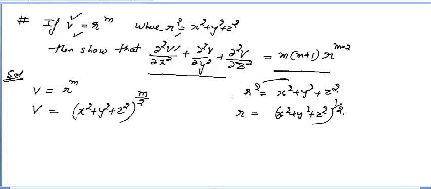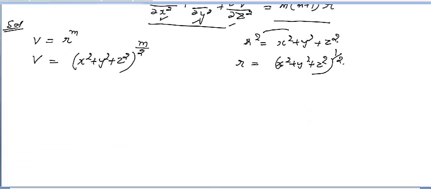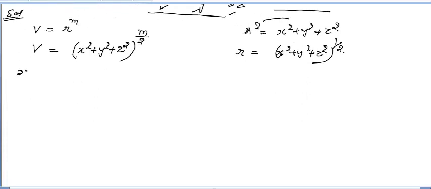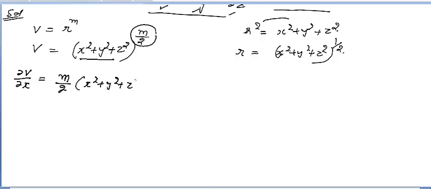Now we will find the double derivative with respect to x, y or z respectively. First I will find the derivative of v with respect to x. Differentiation of u raised to power n gives u raised to power n minus 1 and the derivative of u again.